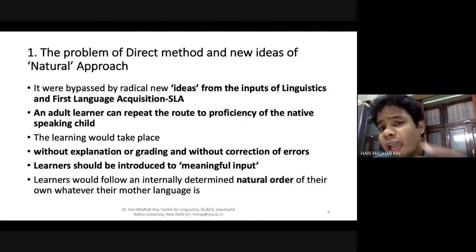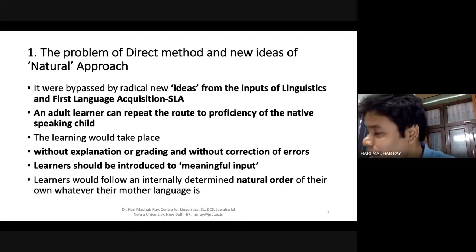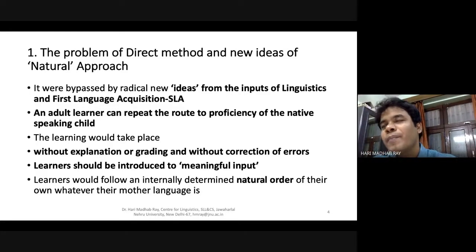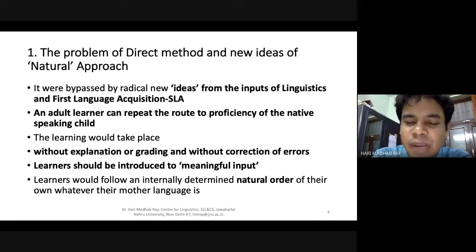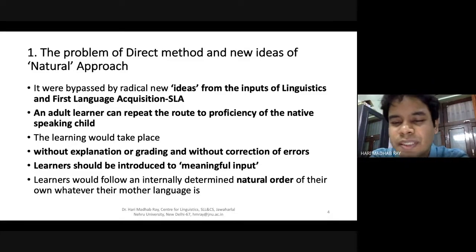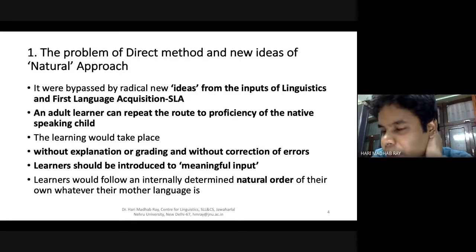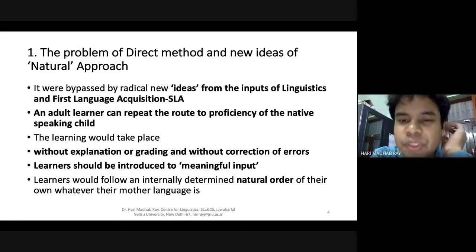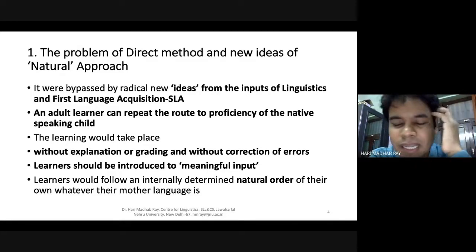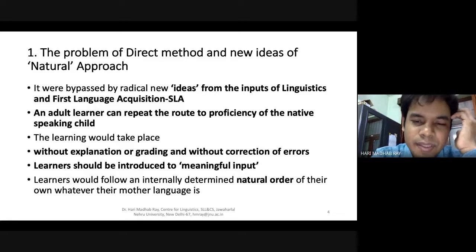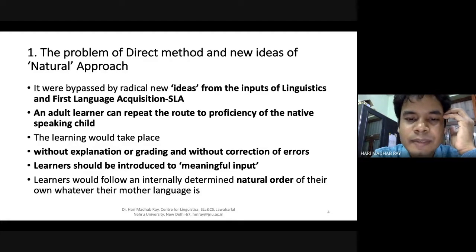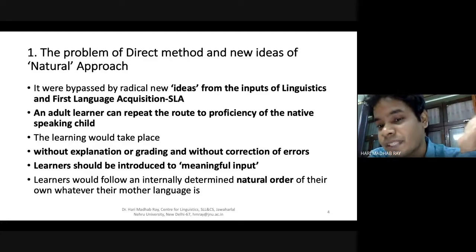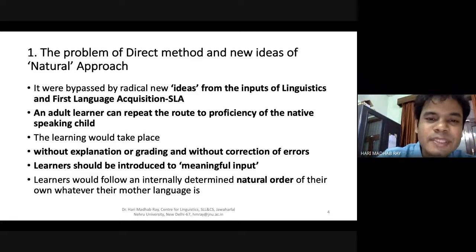Another thing I'll tell you: at the time of the direct method, those who were teaching second language were not called applied linguists. They were language practitioners. But later on, the term applied linguist came into existence after 1948 and after the 1950s, you see. So this is another piece of information.